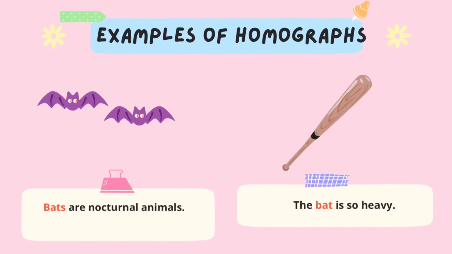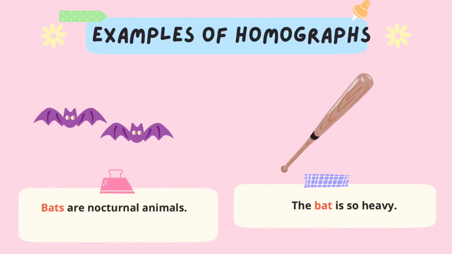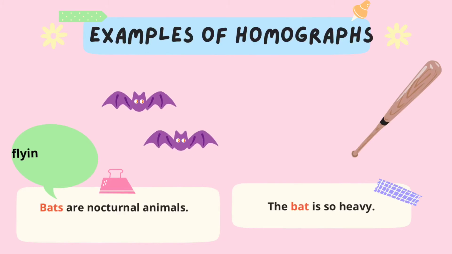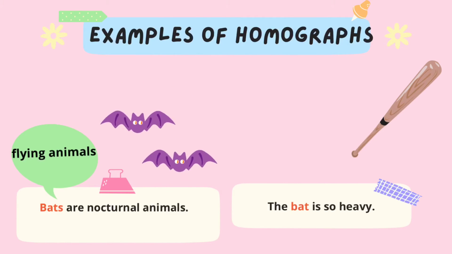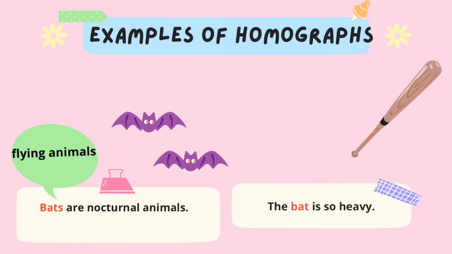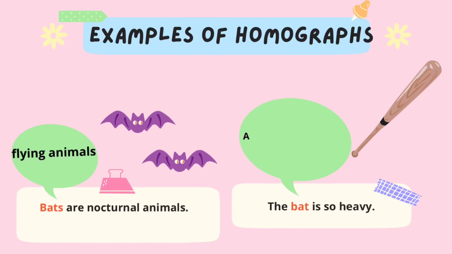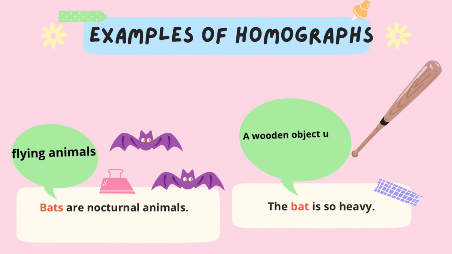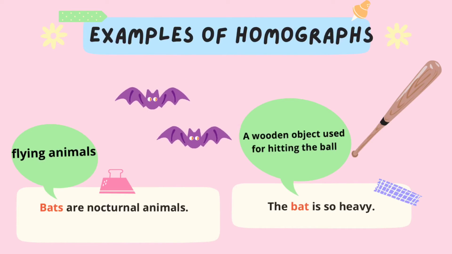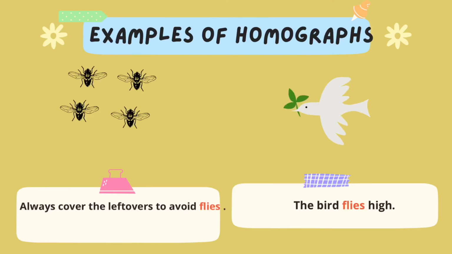Bats are nocturnal animals. The bat is so heavy. The first bat means flying animals. You can only see them during night. That's why it's called nocturnal. The second bat is a wooden object used for hitting the ball, just like in a baseball.